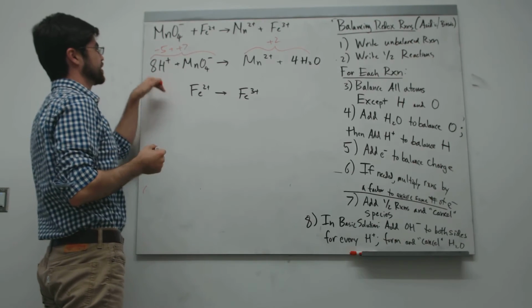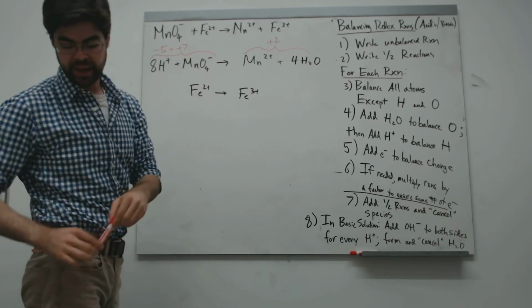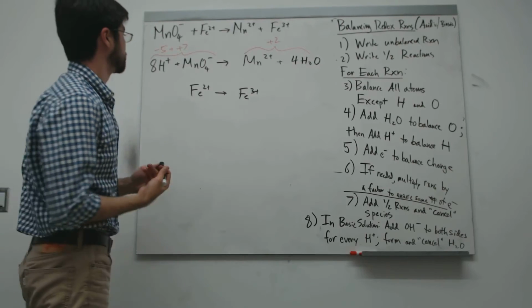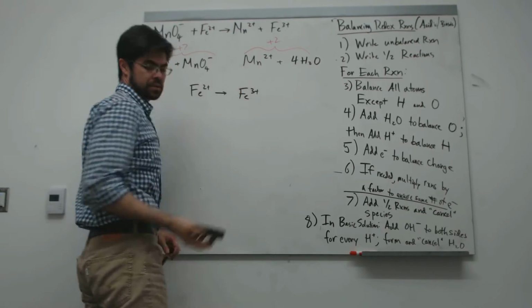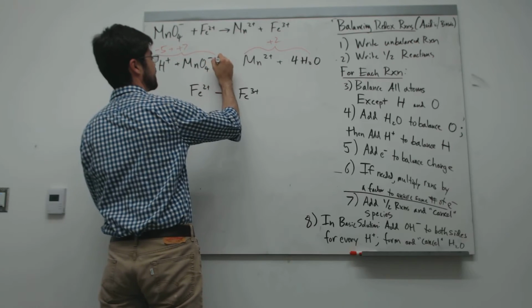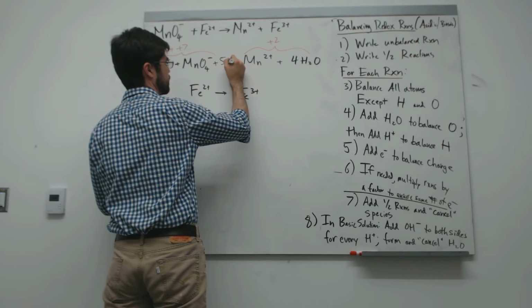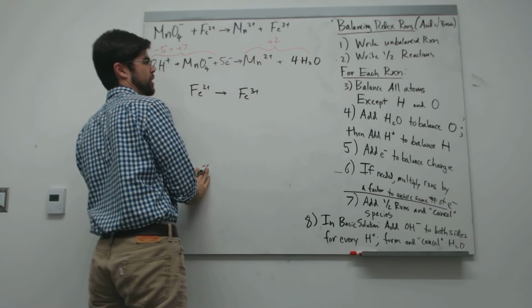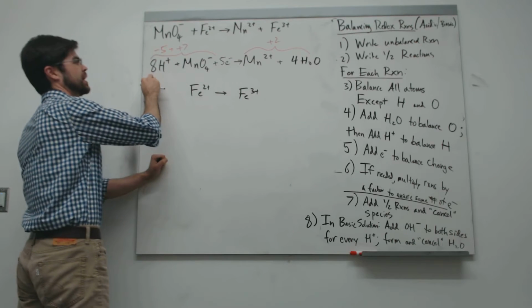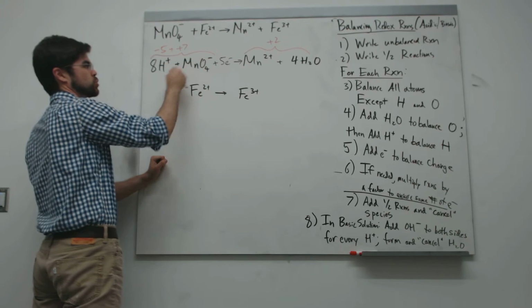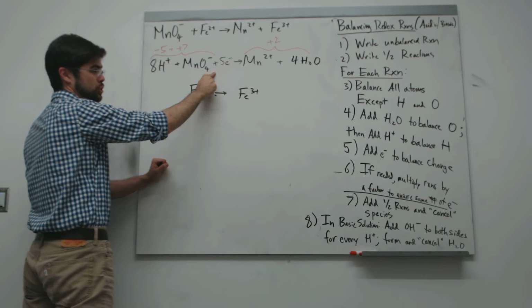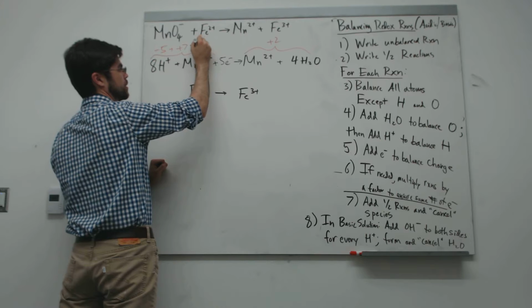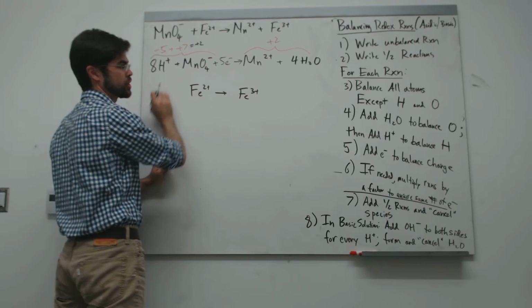That will give me a net charge on this side of plus 2. So let me move this around a little bit. I was going to add 5 electrons to this half reaction. So now I have plus 8, minus 1 is plus 7, minus 5 gives me plus 2.